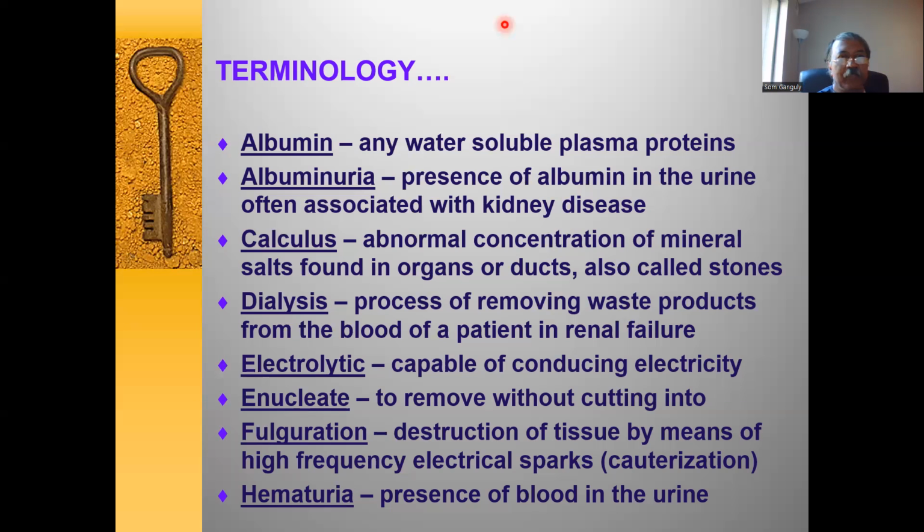Saline is an electrolytic solution, normal saline. Water is a mildly electrolytic solution. So we need to not use them for irrigation during urology surgery because it can electrocute the bladder area.